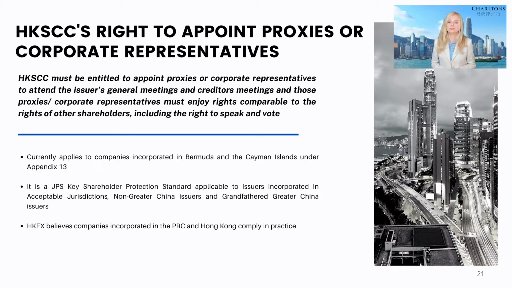Although the listing rules don't currently require Hong Kong or PRC incorporated companies to comply with the shareholder protection standards, the Exchange explains that existing listed companies incorporated in these jurisdictions comply with this standard in practice. It's proposed that this core standard should be applied to all Hong Kong Exchange listed companies.